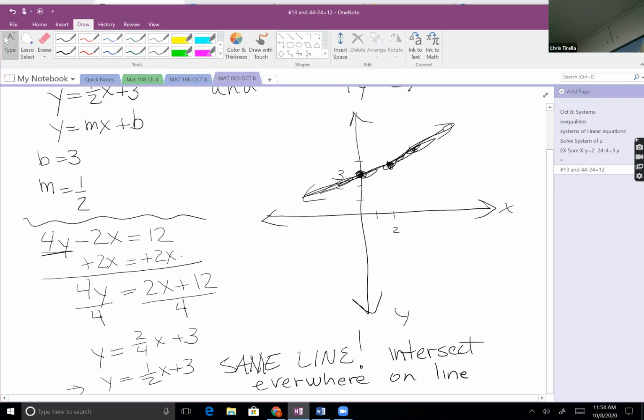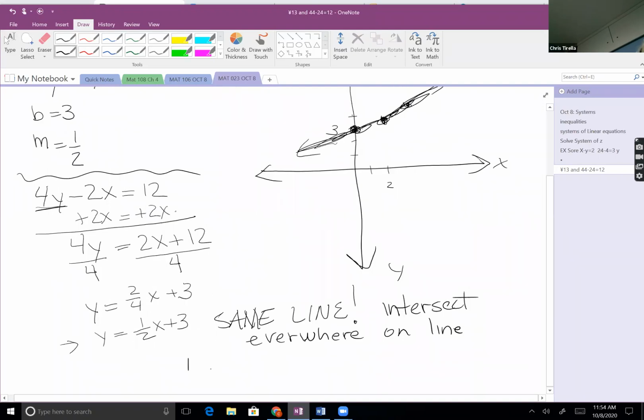And so there's an infinite number of solutions. It's a dependent system.